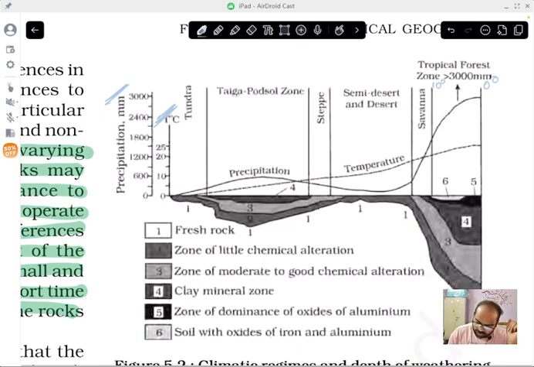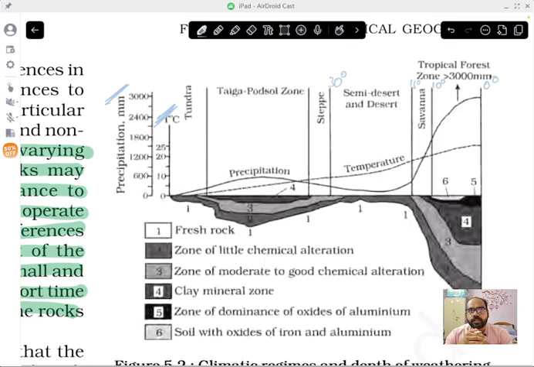Savanna is nothing but semi-arid grassland. Semi-arid means semi-desert, semi-dry conditions are called savanna. Savanna grasslands we call them. They extend from 10 to 15 degrees north and south. Semi-desert and desert areas extend from 15 to 30 degrees north and south.